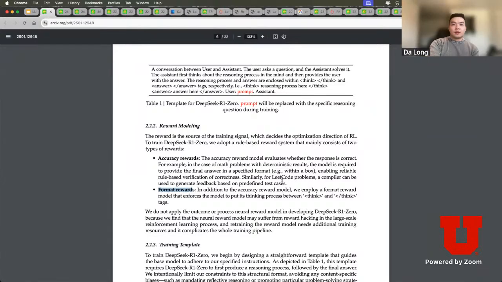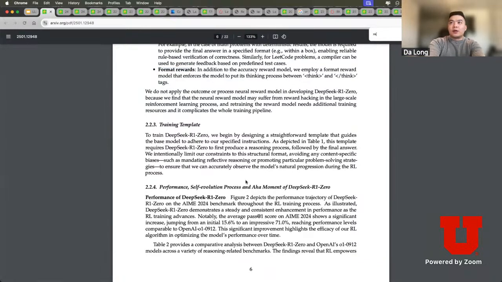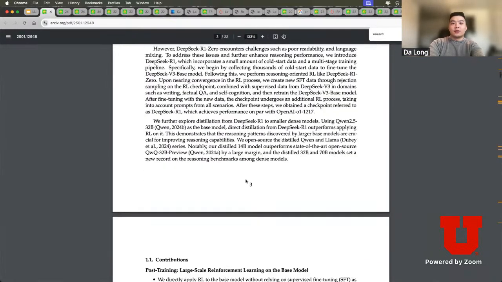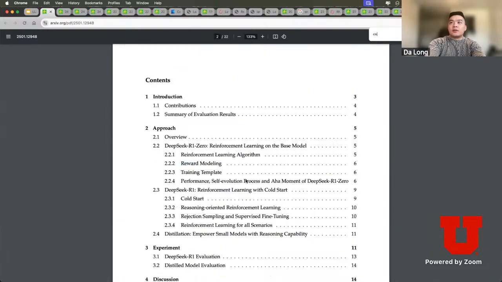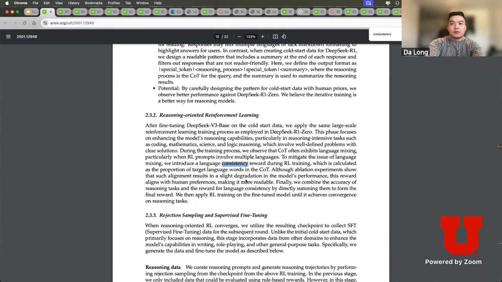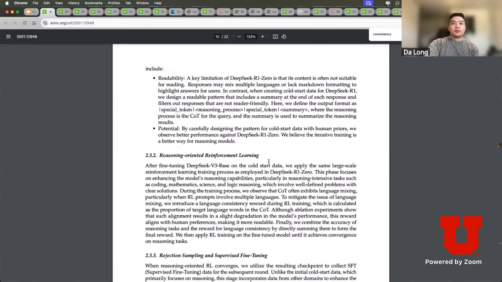Actually, they also incorporate another reward, I think it's consistency, in other steps. They discovered that when the model generates answers, it will have mixed language, but this is not what people wanted. So they design another reward that measures how consistent the answer is in one language. So this is the third reward.